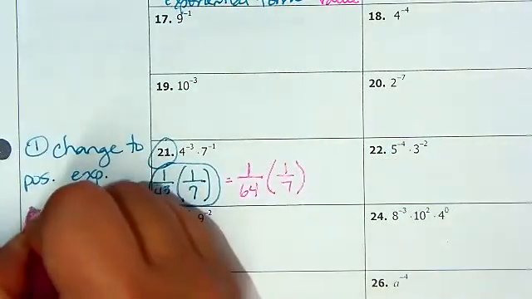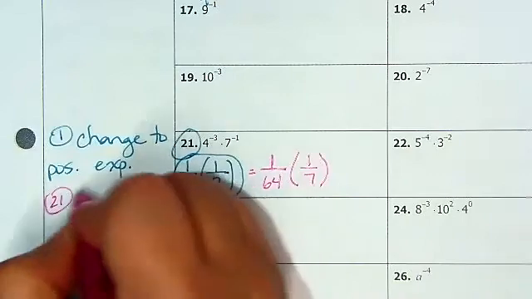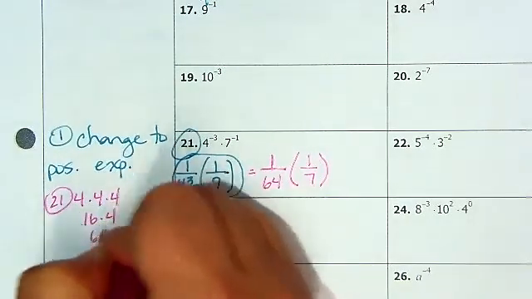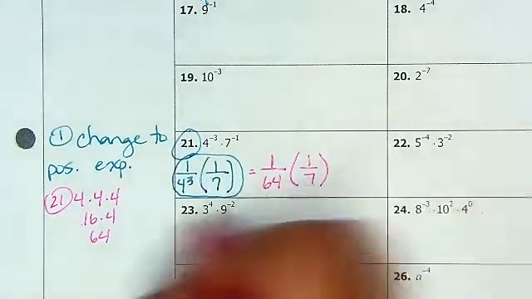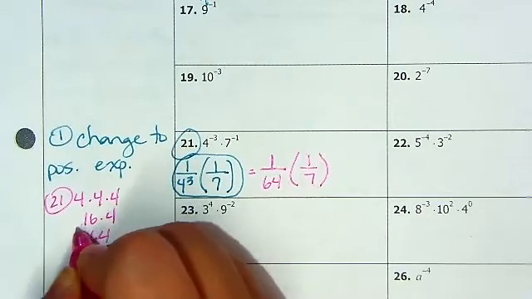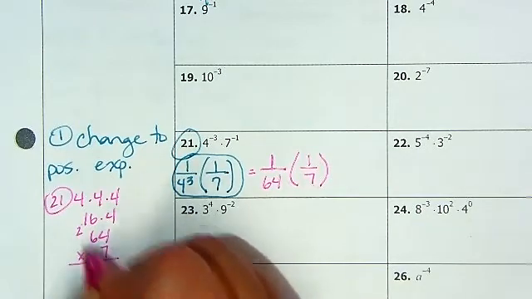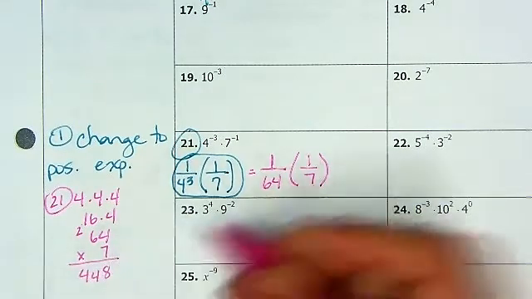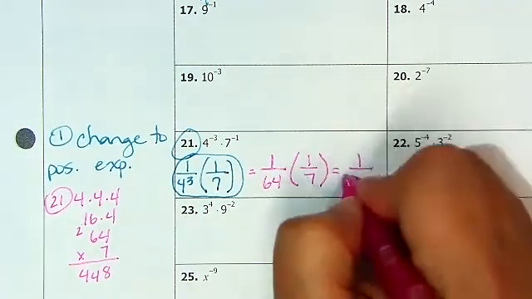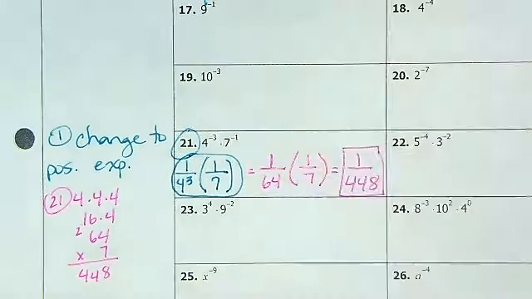So for 21, 4 times 4 times 4, that's 16 times 4, which gives me 64. And now I need to do times 7. 7 times 4 is 28, carry my 2. 7 times 6 is 42, plus 2 is 44, so 448. So we end up with an answer of 1 over 448, and that's my value.